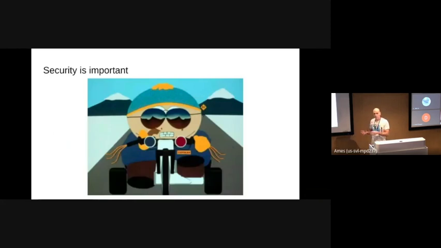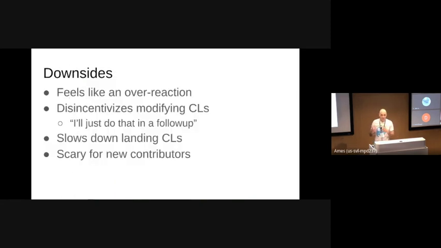And the reason for that recent modification in Gerrit is security, and security is super important. But at the same time, it feels to me that this particular change could have been done slightly differently. From my perspective, the downside here is that it feels like an overreaction. It disincentivizes CL modifications.